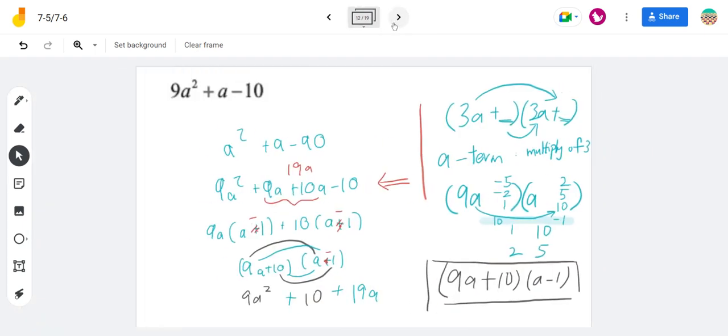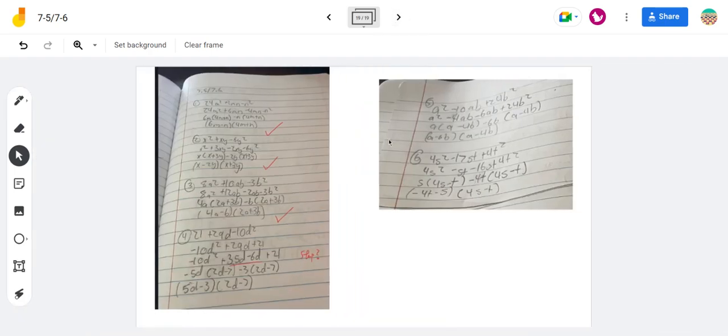Okay. And then the last step is to switch the a back to b, to e.